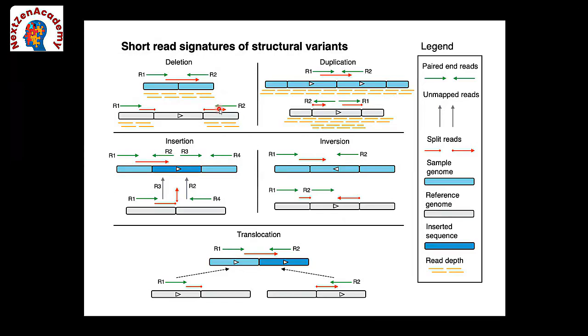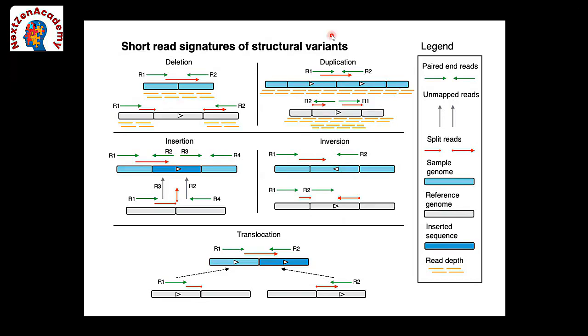Our genome sample is in the light turquoise color, and the inserted sequence is in the blue color. So the first one, deletion. In the reference genome, there is a set of three pairs, but in the sample genome, one has been deleted. So that is called deletion.